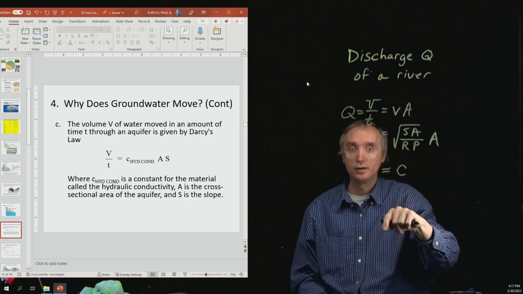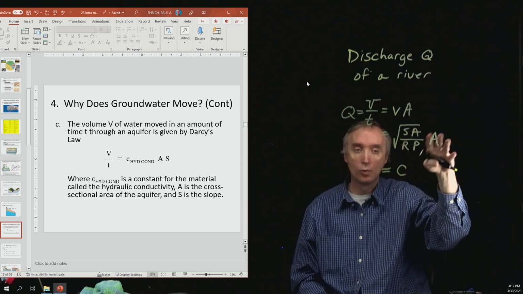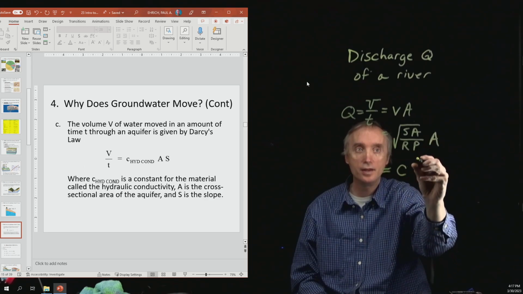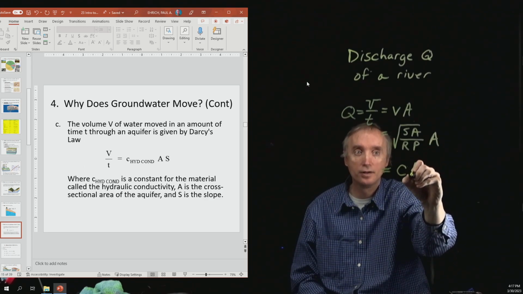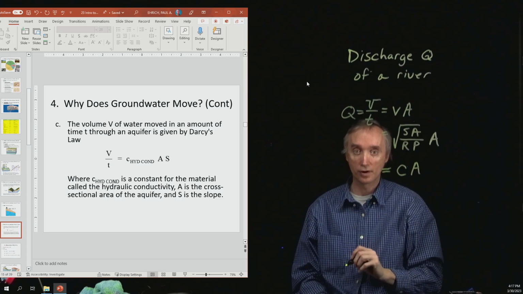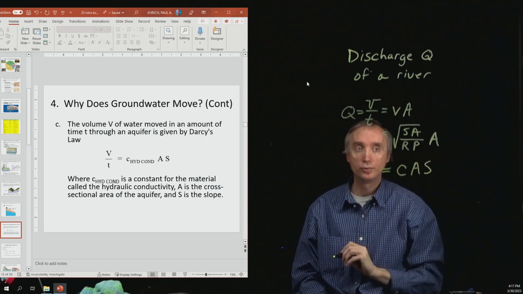So the bigger this number is, the more easily the water would be able to flow through it under the ground. Then it also depends on the area that the water is flowing through underground, and it also depends on the slope.